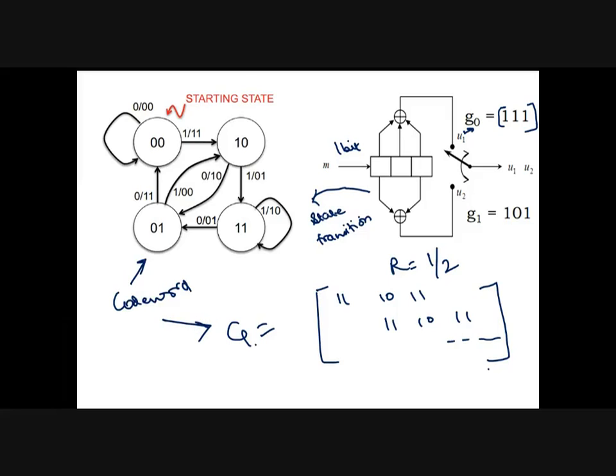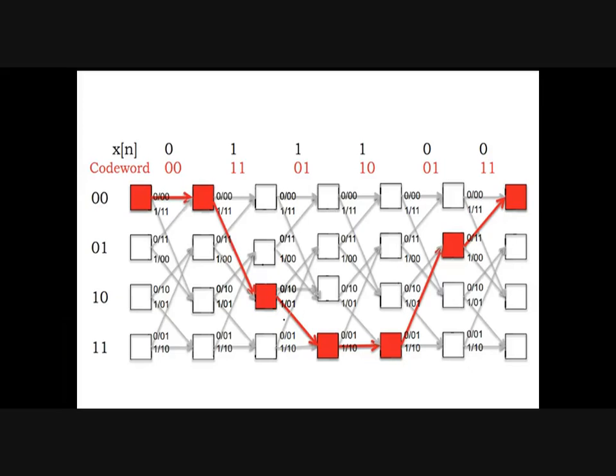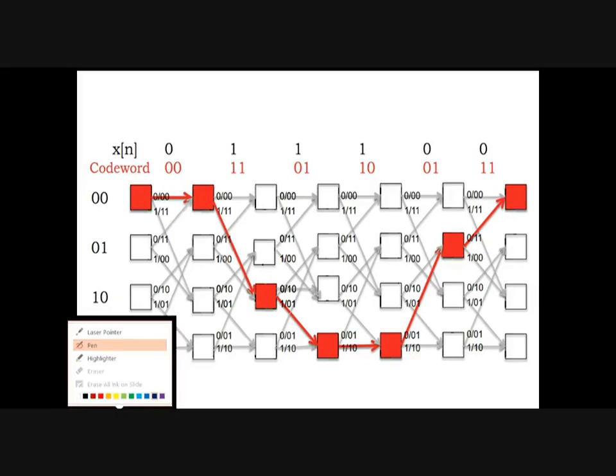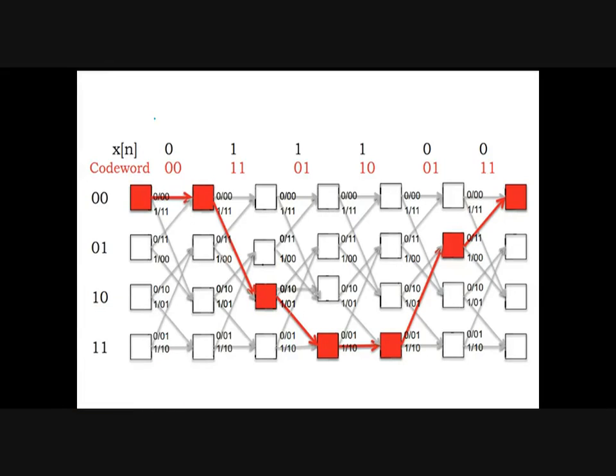Another technique is by using the trellis diagram. If we use a trellis diagram, we can do the same. So let's see how to do it. In the diagram shown, you can see a trellis diagram for the same r equals 1 by 2 convolution code.